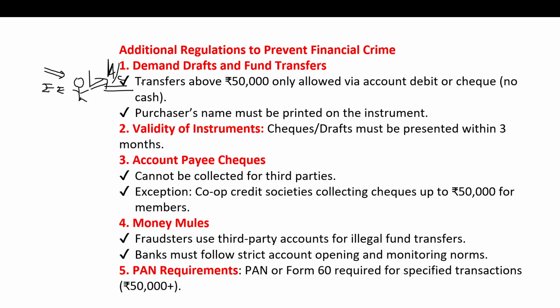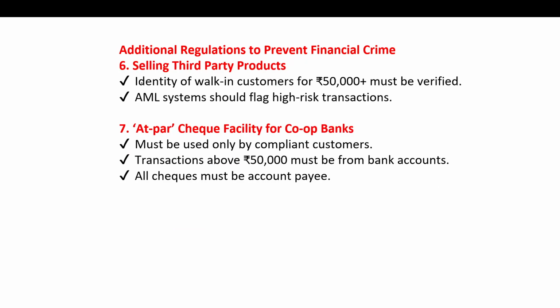Now, to prevent this, the bank must follow strict KYC norms, should track suspicious activities, and RBI says that the use of mule accounts means there is a KYC failure by the bank. As per tax rules, PAN must be collected and verified for certain banking transactions. If PAN is not available, obtain Form 60.